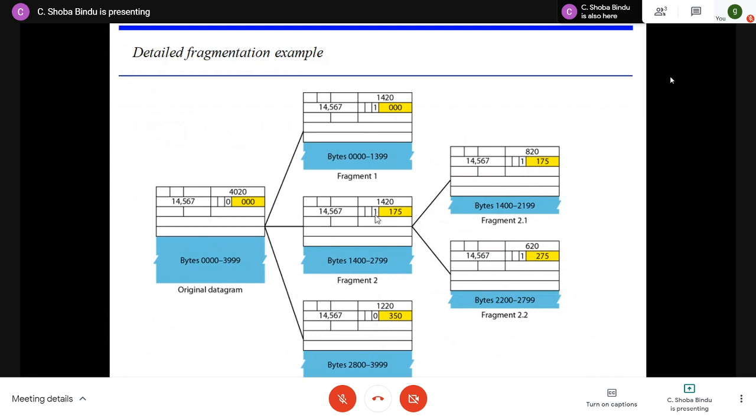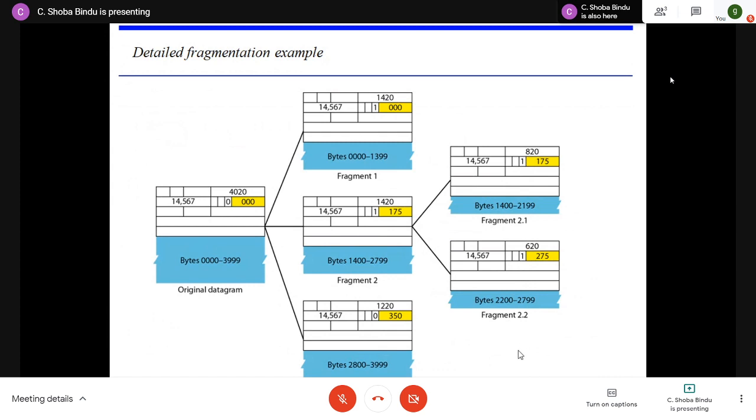If it was 0 and then it is divided into 2, then this fragment would have 1 and this would have got a value of 0 in the more fragment. Is it clear? So for example, if this is divided into 2 further, then the first fragment will hold a more flag value as 1, and the last fragment will hold a value of 0 here.